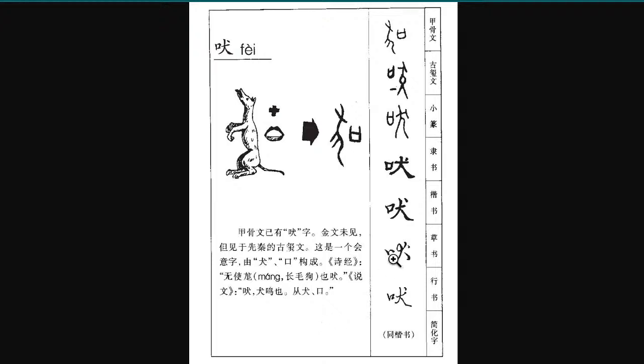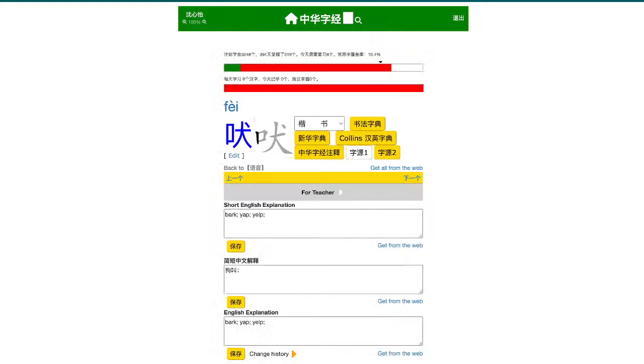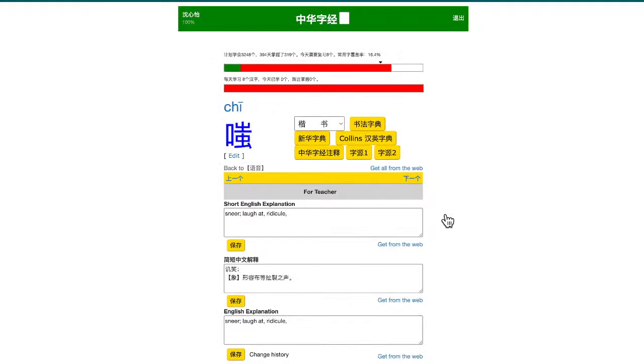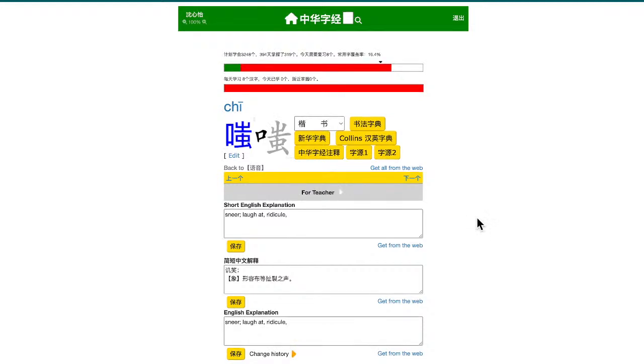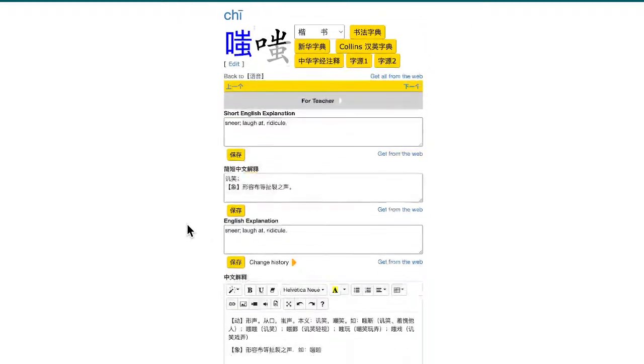This character basically kept the original form from the very beginning up until now. Okay, that's called 吠. Next, 嗤 means sneer, laughing at somebody or ridicule, like 嗤笑.